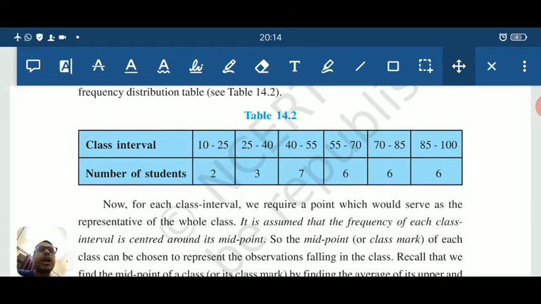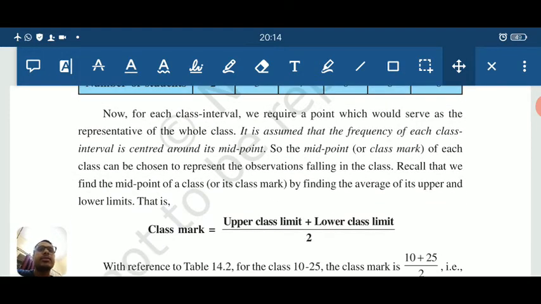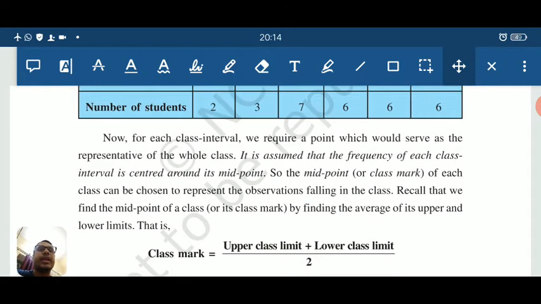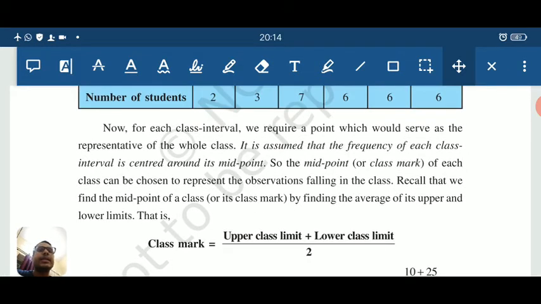So how to understand and how to find out the mean of this grouped data? To find the mean of this grouped data, we need to find the class mark. It is assumed that the frequency of each class interval is centered around its midpoint.